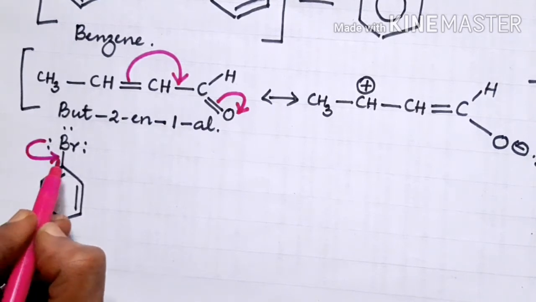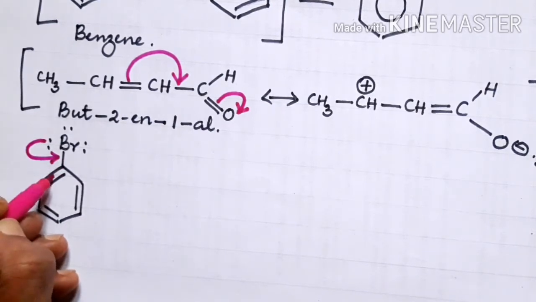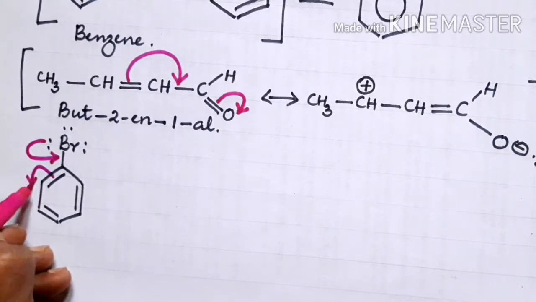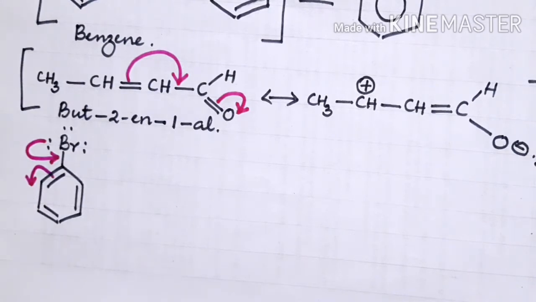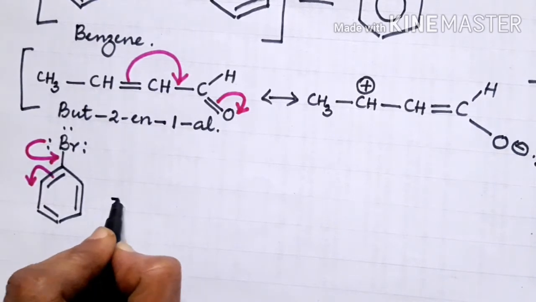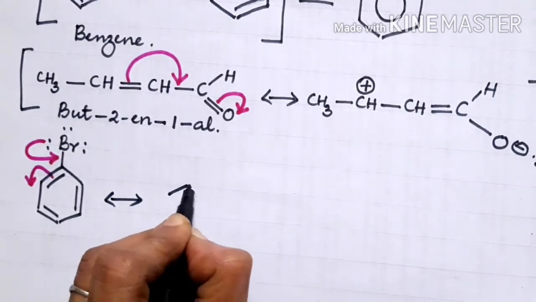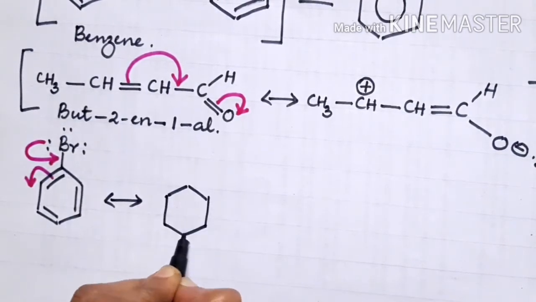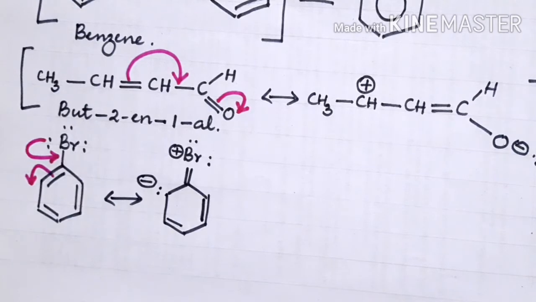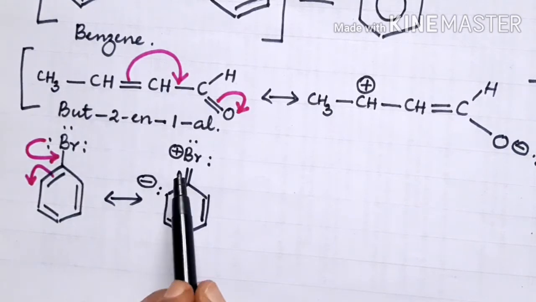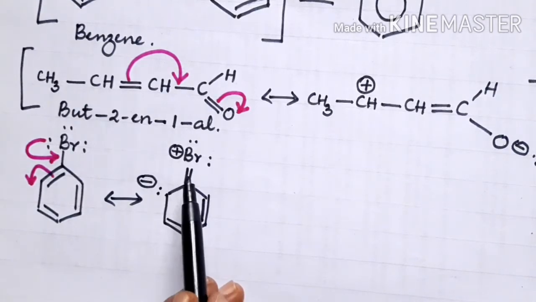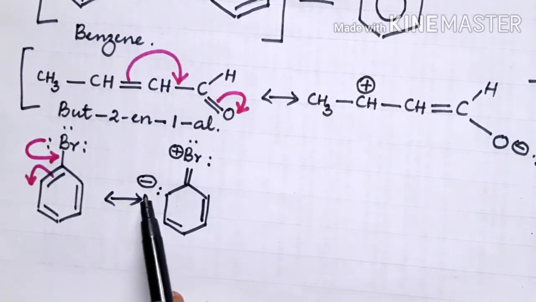So this becomes a double bond. These electrons get shifted here at the ortho position, leading to the structure here. Bromine becomes positively charged, and the double bond will be shifted here.